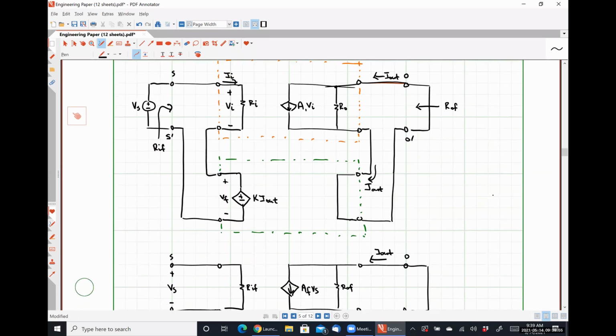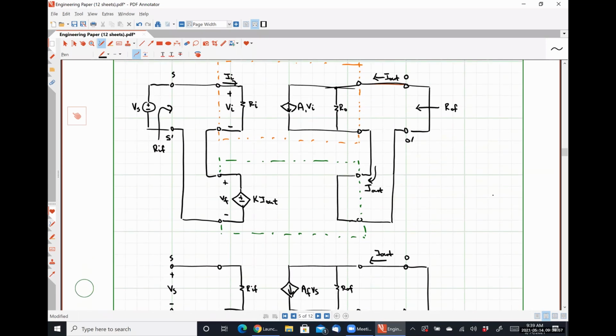All right. So we can develop our transfer characteristic equation for this system by looking at our uppermost circuit. By inspection, hopefully, we can see that our output current I out will be simply A1 times Vi because our output resistance is entirely shorted out by this winding loop around.